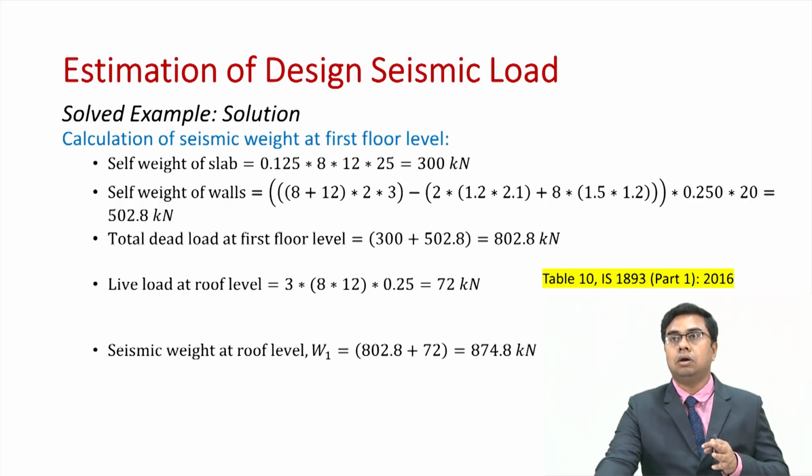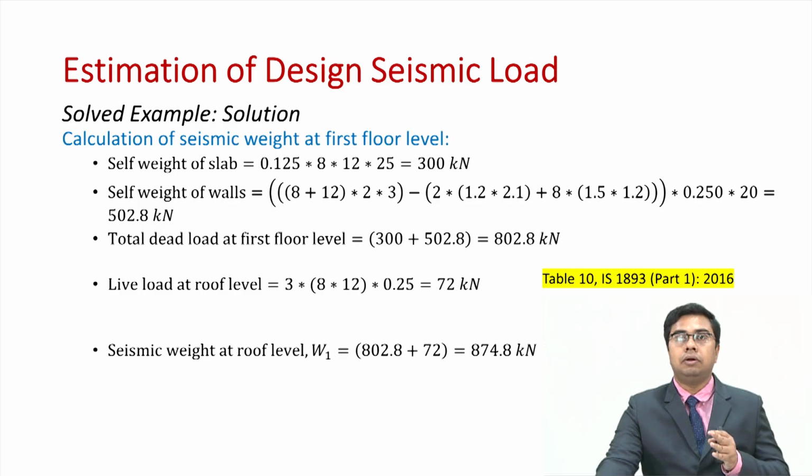So, that is how we have done this calculation. Please take your time to understand how this has been done. Then 0.250 represents the wall thickness in meters, and 20 is the unit weight of masonry in kilonewton per meter cube, thus giving us the self weight of walls as 502.8 kilonewton. Now, based on this, we have the total dead load at the first floor level as 802.8 kilonewton.